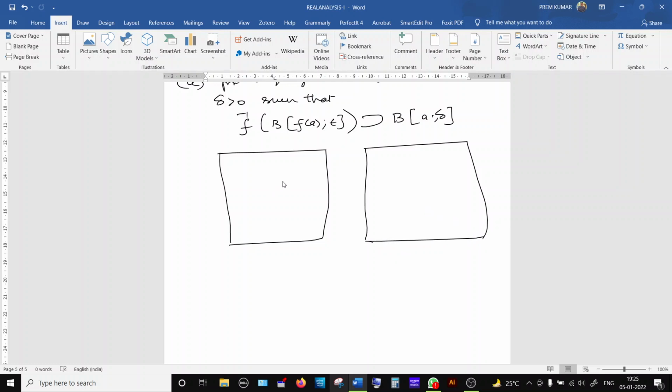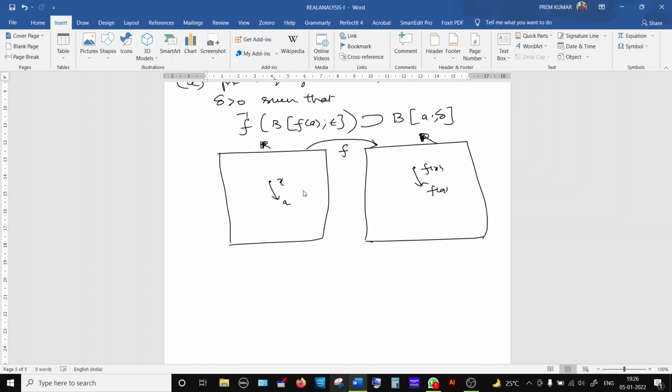Now see, this is x. Suppose f is a function from this domain to codomain. You think like this is a and this is b, and both are real lines, and this is x. x comes very close to a, so f of x comes very close to f of a.